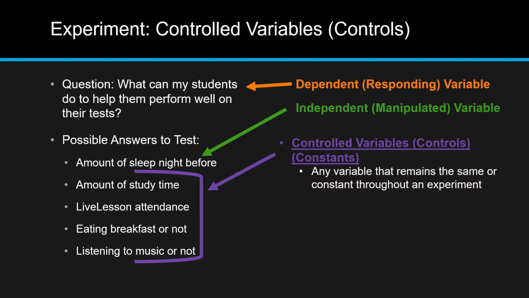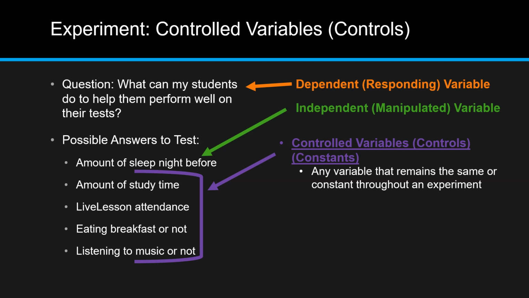Controlled variables include any variables that must remain the same or constant throughout an experiment. Remember, we can only change one thing at a time in order to have trustworthy results. We can only have one independent variable that we change for the experiment. Everything else must be controlled and kept constant.